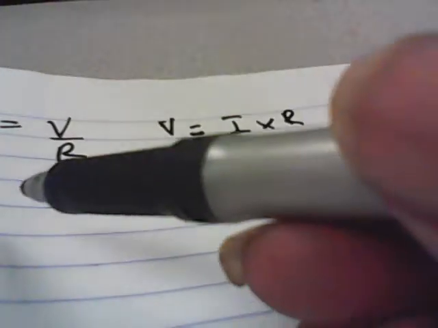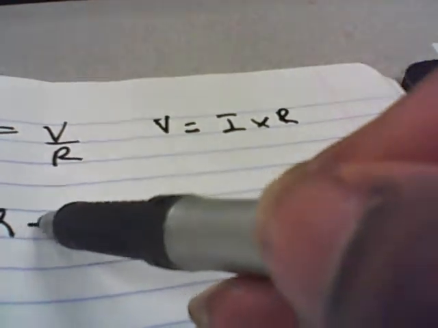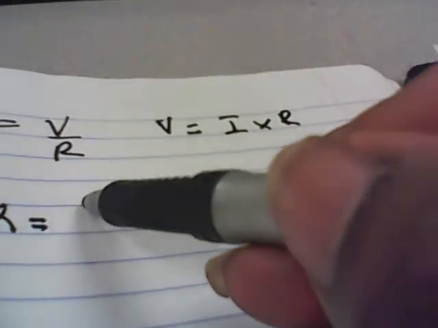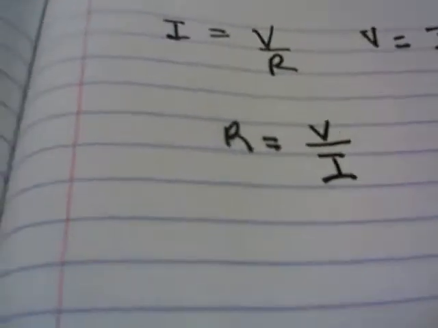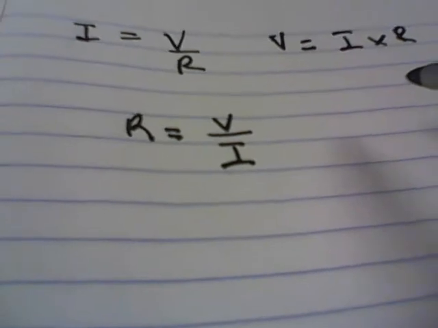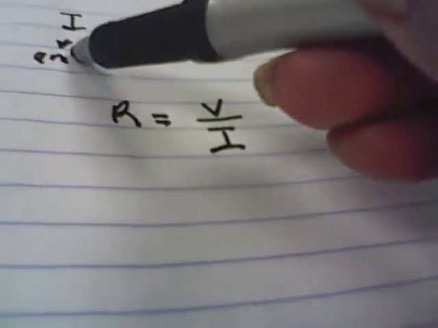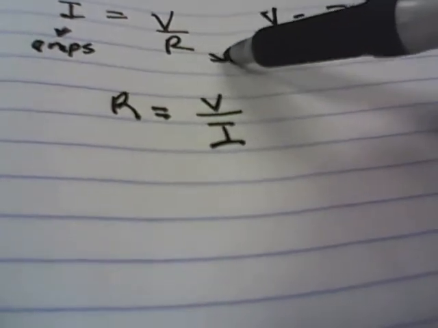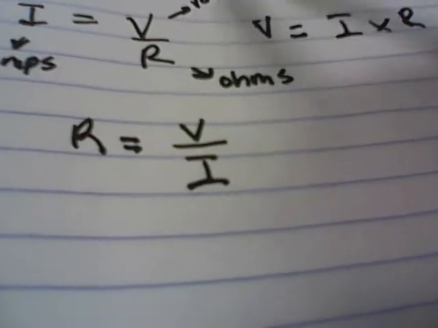And then I can also use this to look for R, and R, or resistance, would be V divided by I. So these are the three equations that essentially you will need in order to do any of the problems, knowing that I is always the units that's in amps, R is always the units that's in ohms, and V is always the units that's in volts.